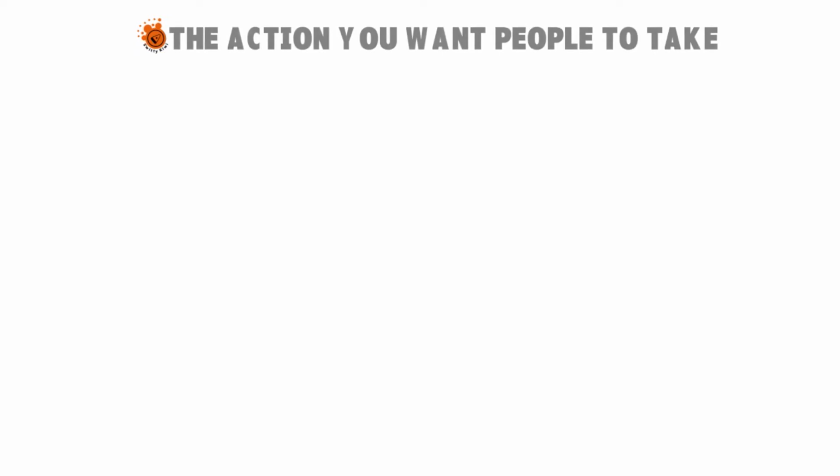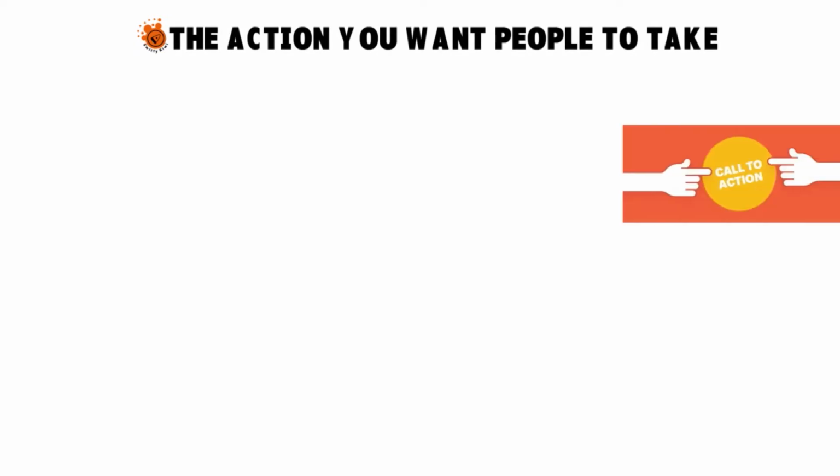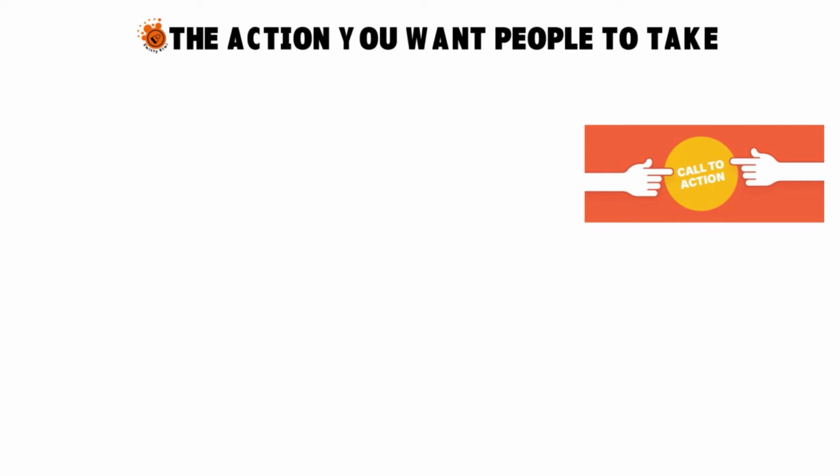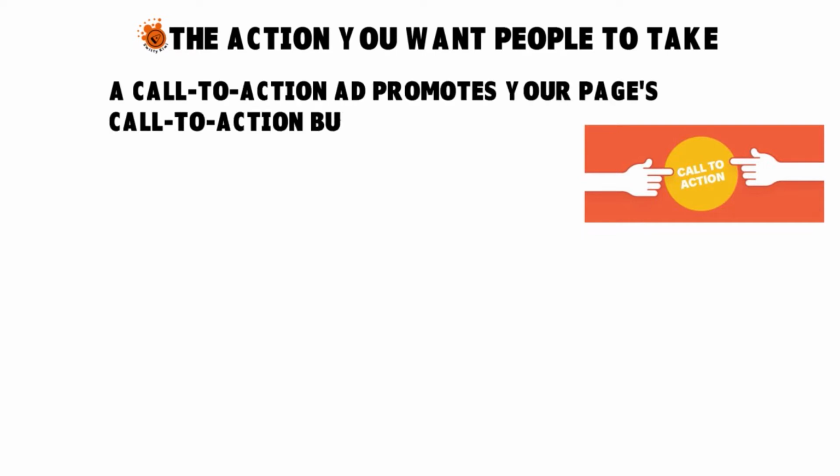Now, the action you want people to take. At the top of your page, you can add a call to action, a CTA, that will direct your page visitors to do something. Like you want them to visit your store, call your store, or visit your website. It just takes a few clicks. Now, let's talk about call to action ads. A call to action ad promotes your page's call to action button.